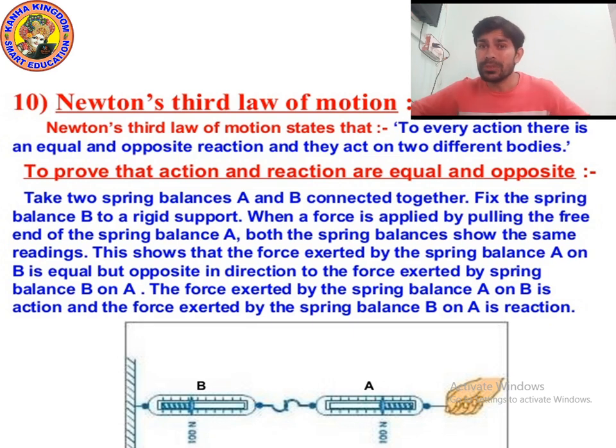So it is showing the opposite direction, but the value will be the same. Suppose spring balance A is showing 100 Newton, then B spring balance will also show 100 Newton.